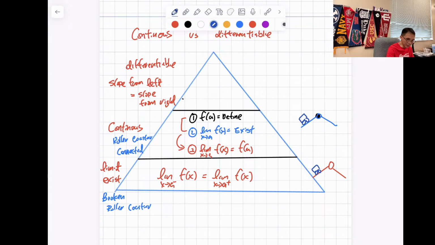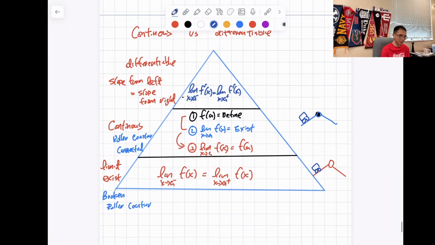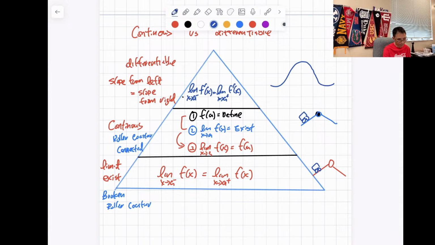The notation is the limit as x approaches a from the left of f prime of x, not f of x. It's different than the first layer. This means the slope from the left equals the limit as x approaches a from the right of f prime of x. So the slope from the left has to equal the slope from the right. If that's true, then it's differentiable. So what does it look like? It looks something like this. This is always completely smooth.